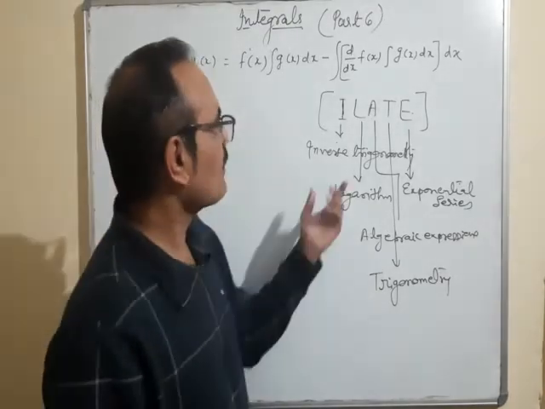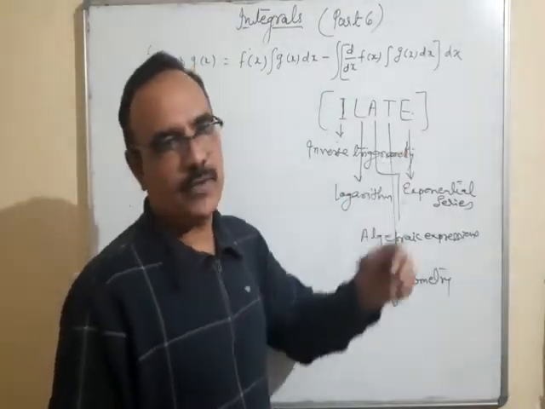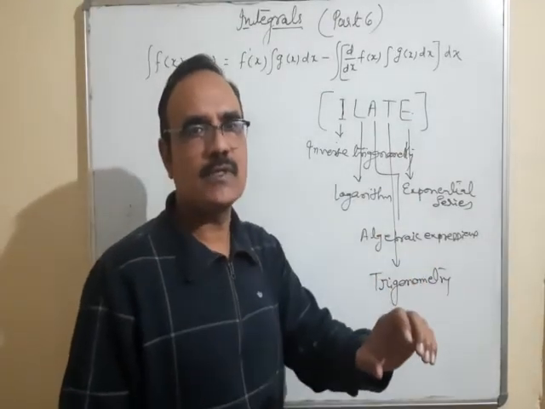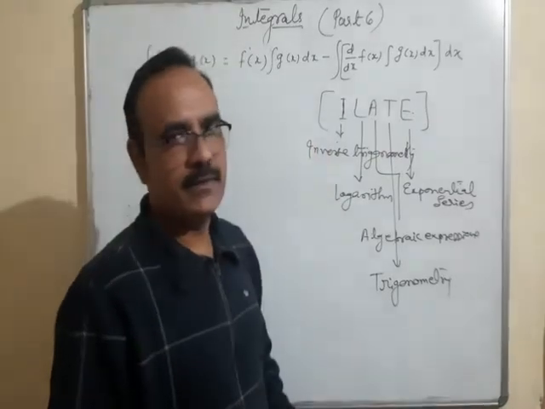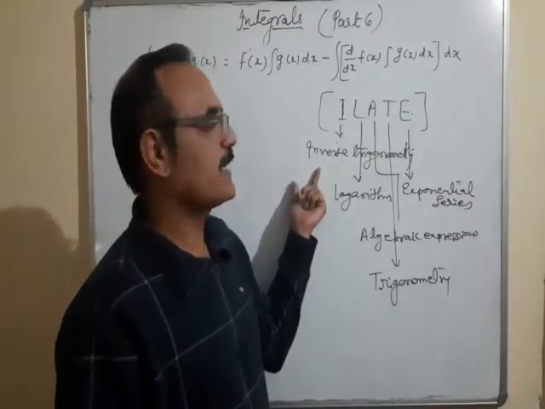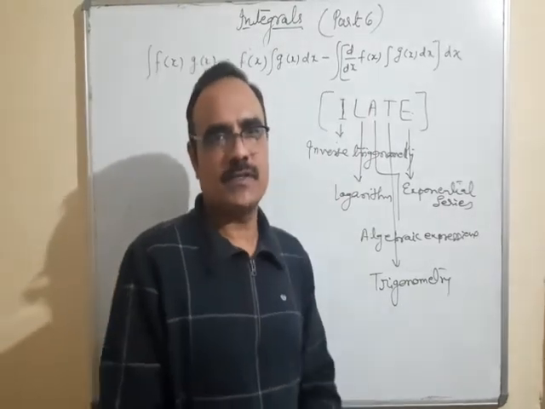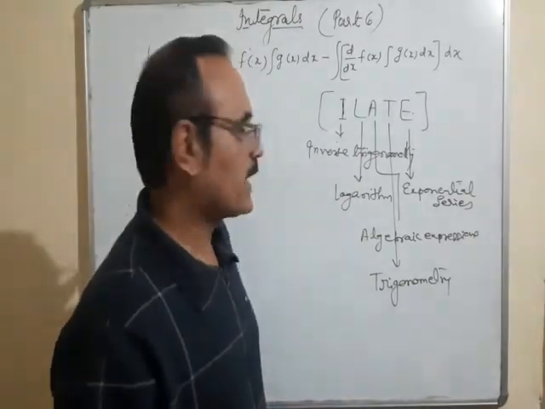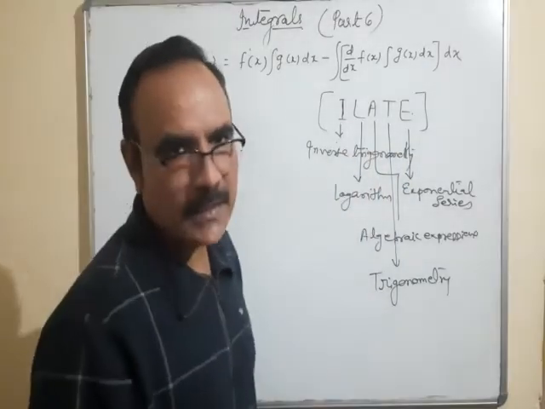Okay. So one thing is clear, E stands for exponential. So in a question, if exponential term is given, always we have to take it as the second term, first term accordingly. Like one is logarithmic term, second exponential term. So logarithmic term should be treated as the first function. Okay. So first and second function should be taken accordingly. ILATE, you will remember this, ILATE.